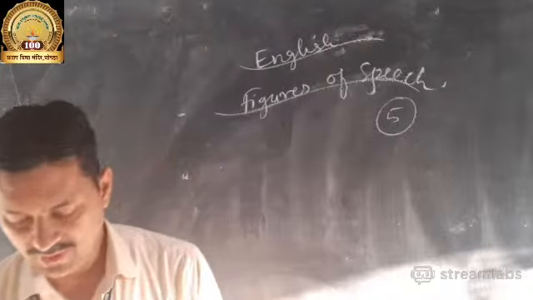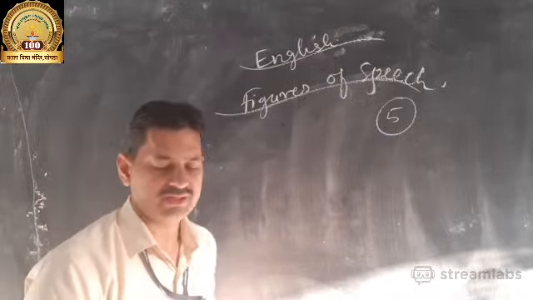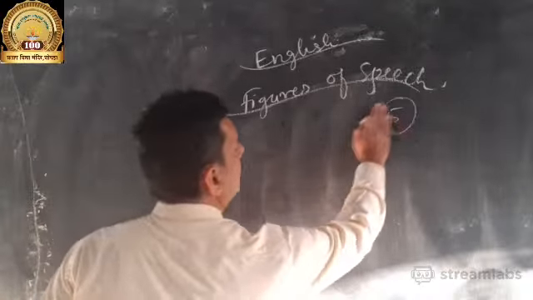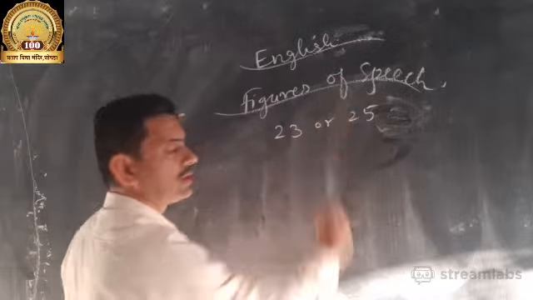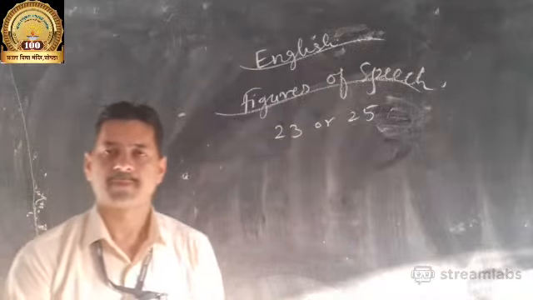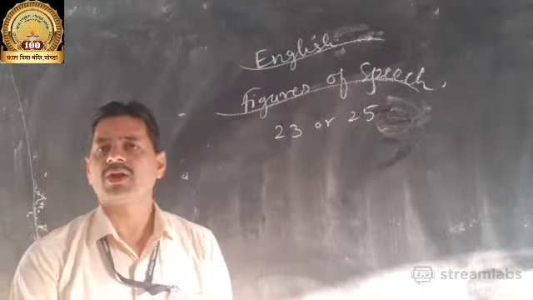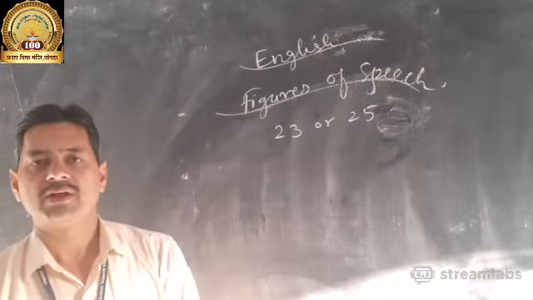Actually, so far as figures of speech are concerned, there are 23 to 25 figures of speech. But we do not have all these figures of speech throughout our textbook.